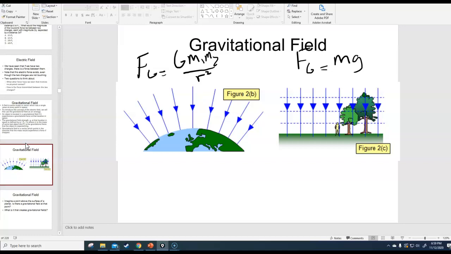But even if I don't put the rock there, there's still something there, invisible to my eyes. I can't see it. I can detect it, but I can only detect it if I put a mass there and then measure the force. Okay, so this idea of the gravitational field is kind of an abstract thing. It's not something we can see. It's just kind of an idea to explain the fact that if I let my hand open and the rock starts to fall, the rock instantaneously begins to fall.